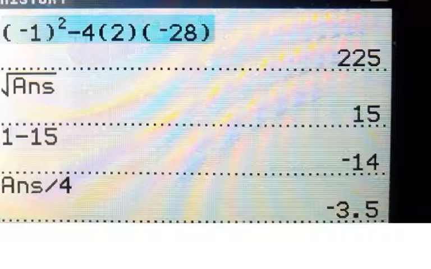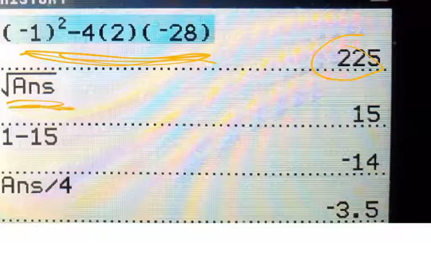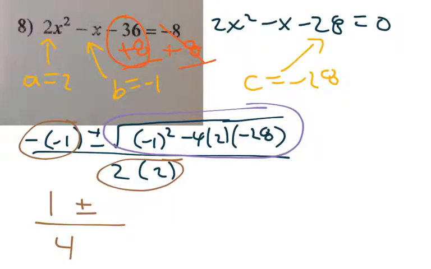As you can see right here, guys, I got negative 1 squared minus 4 times 2 times negative 28. I got 225. I take the square root of that. I get 15. So now I know that this value right here is 15. The square root of 225 is 15.